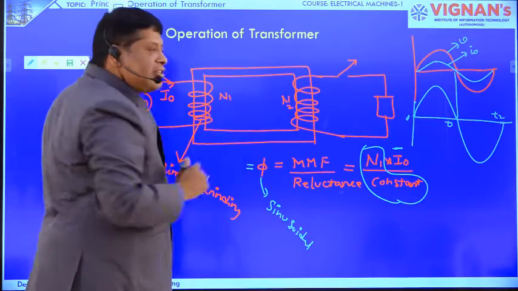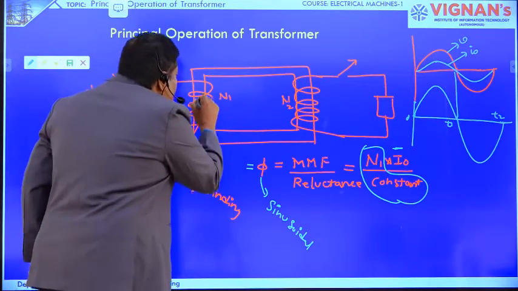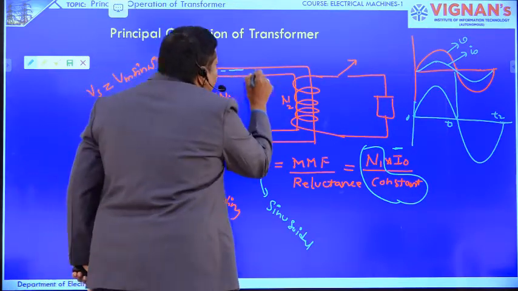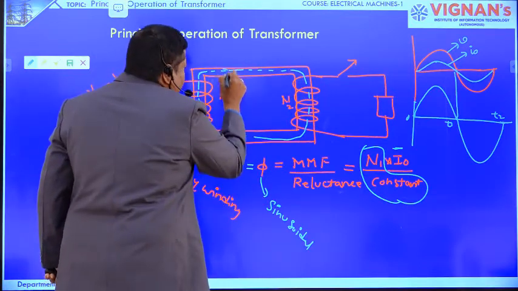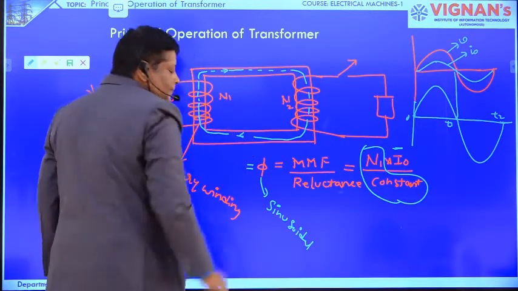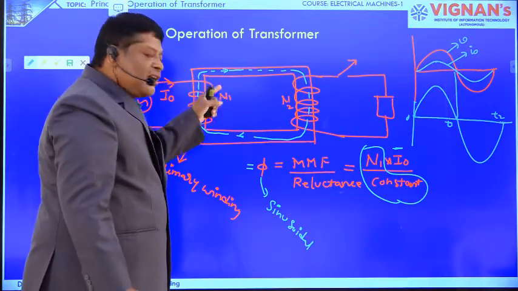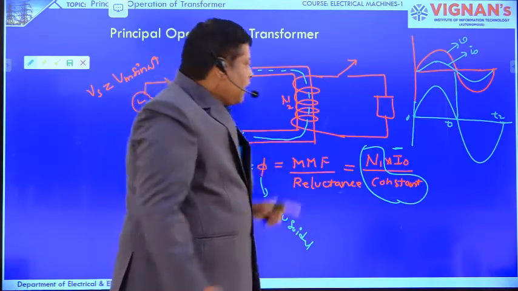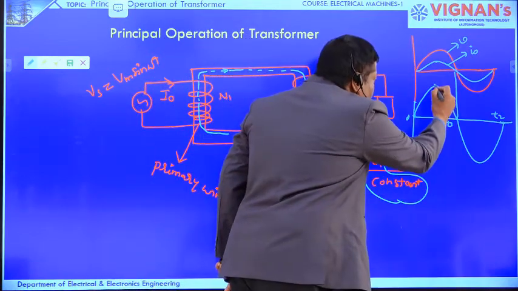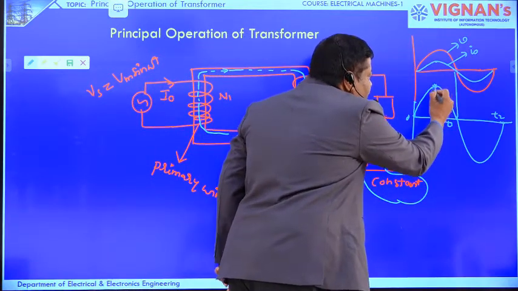The positive flux is the flux flowing in this direction. At t equal to 0, the magnitude of flux is 0. At this instant, take it as t1, the flux is maximum.